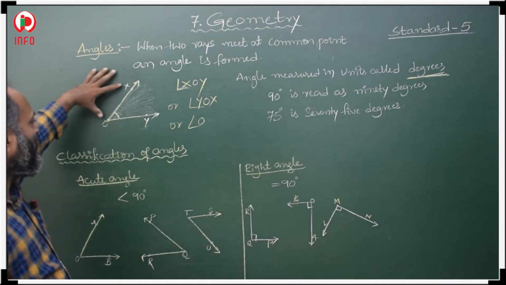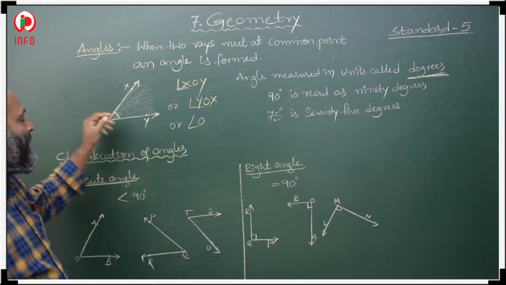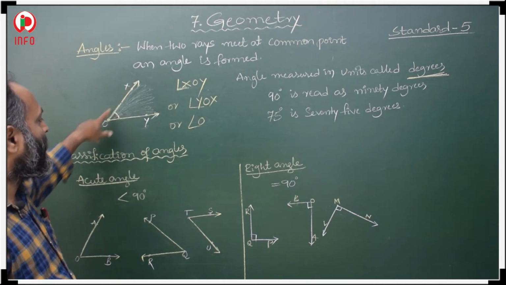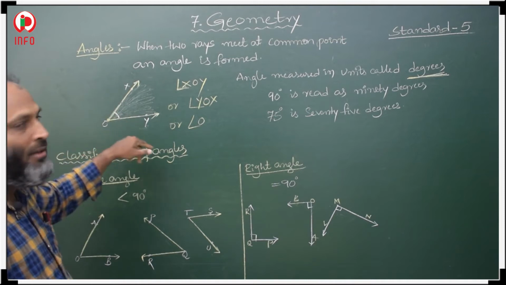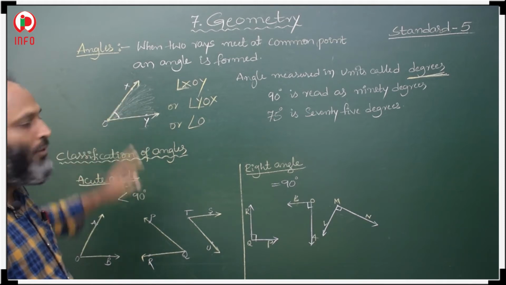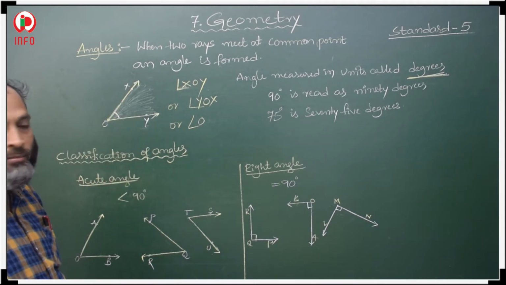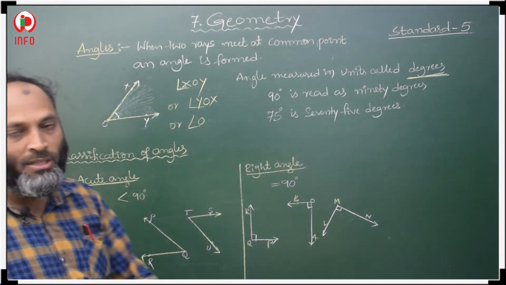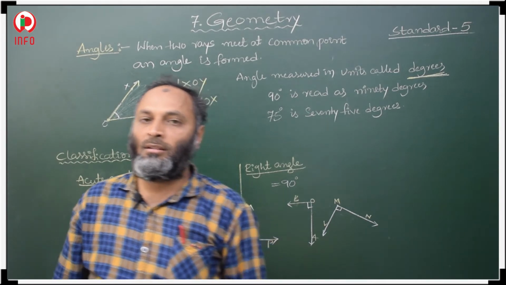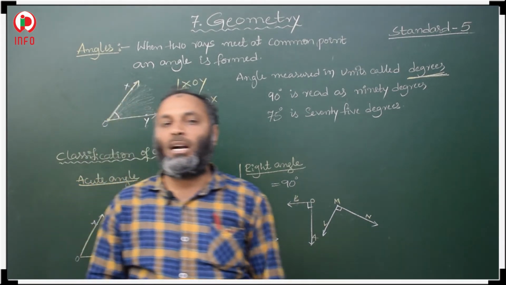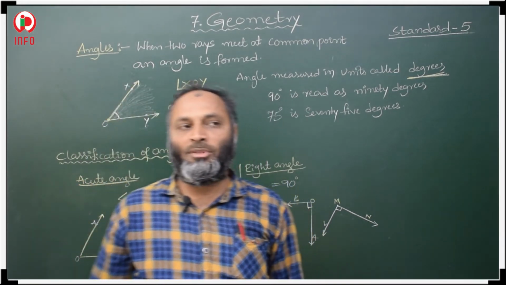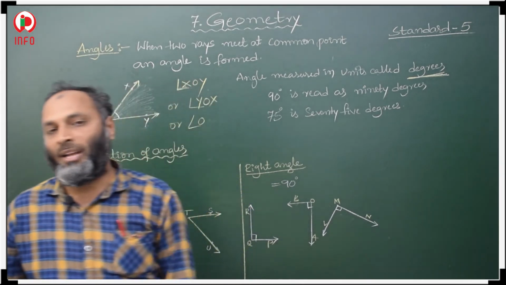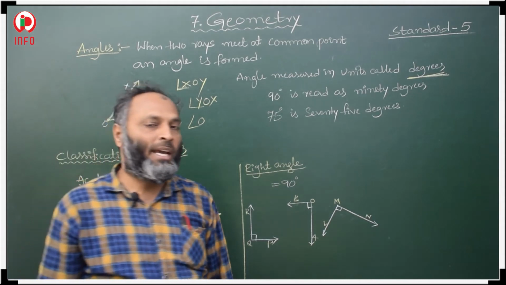Like OX and OY: these two rays intersect at a common point, and we form angle XOY or YOX or angle O. Then, classification of angles. How many types of angles are there? Basically we have 4 or 5 types of angles. First, acute angle.